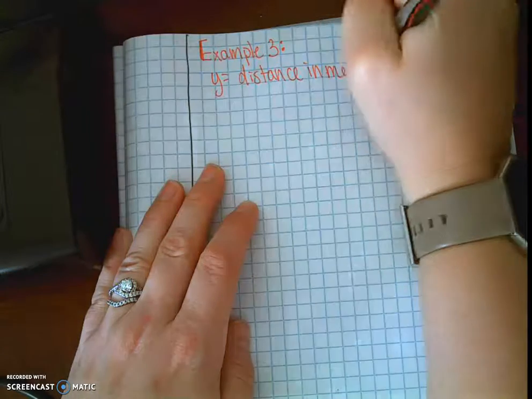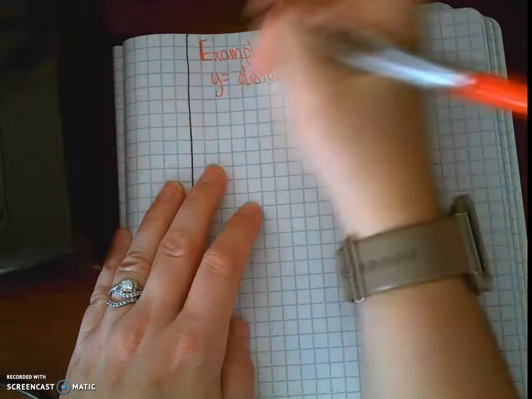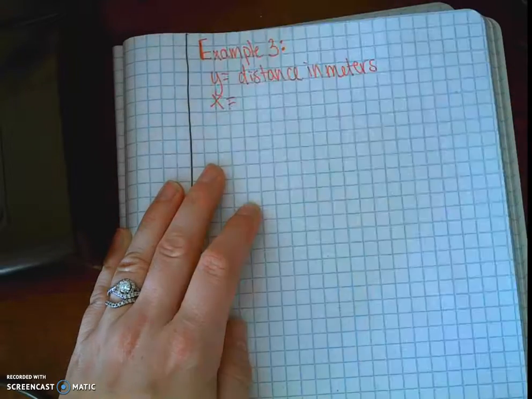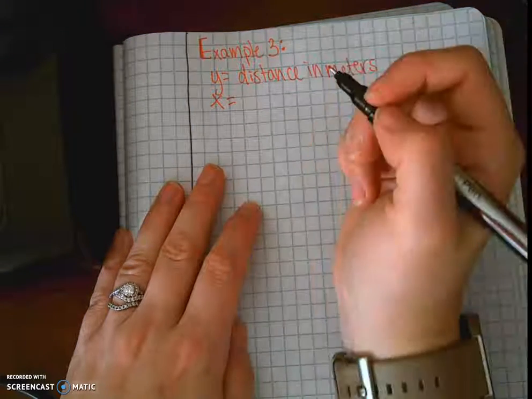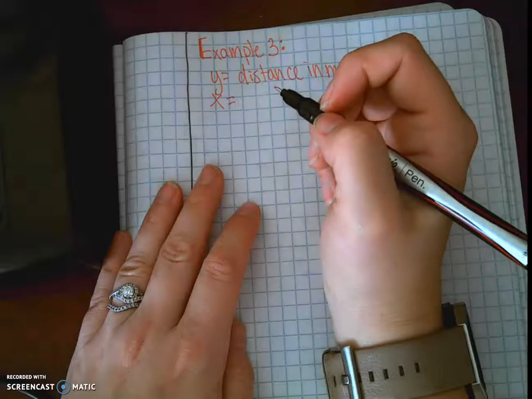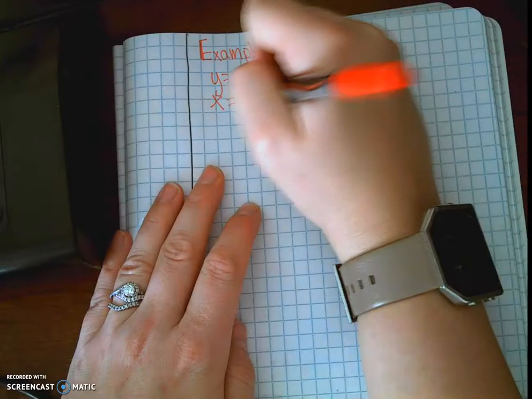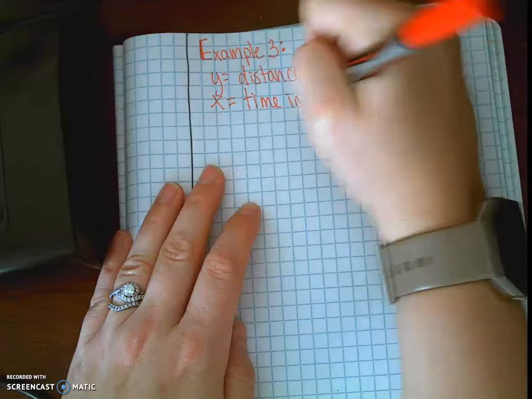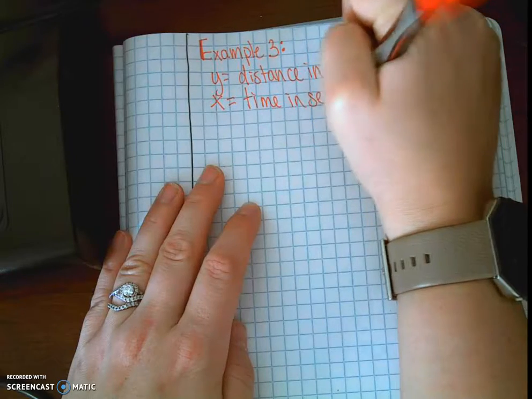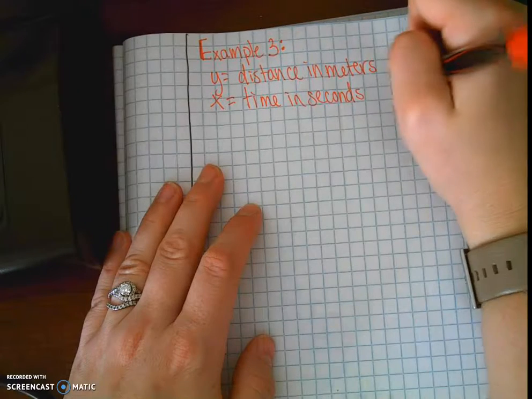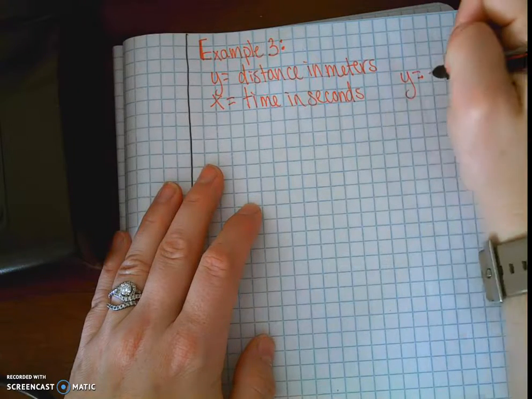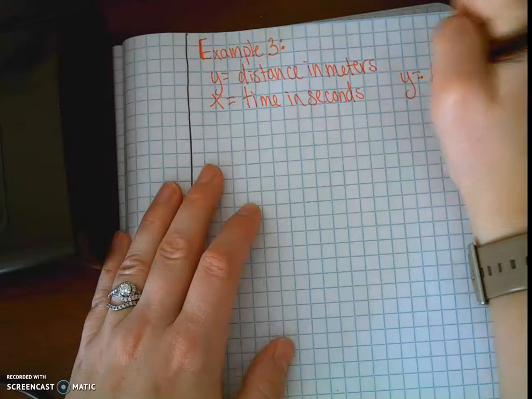We know that because it comes directly from the problem. And our x is the time traveled. So it's time in seconds. Okay? And our equation for this is y equals 2.5x.